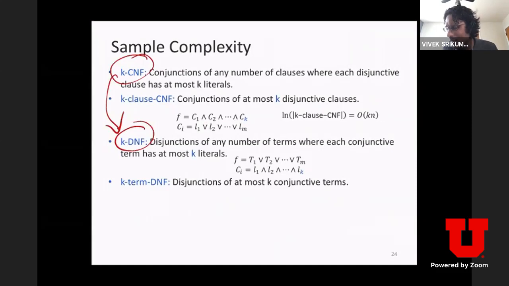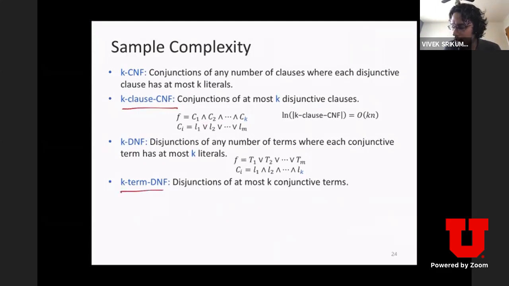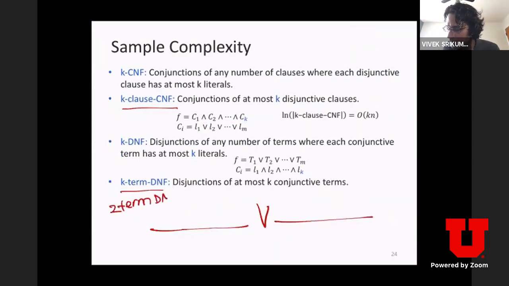And then there are K-term DNFs, which are disjunctions of at most k conjunctions. Actually, a K-term DNF is exactly like this thing. So you have something or something else. So this is a 2-term DNF.